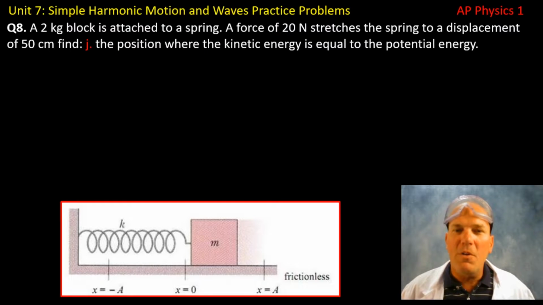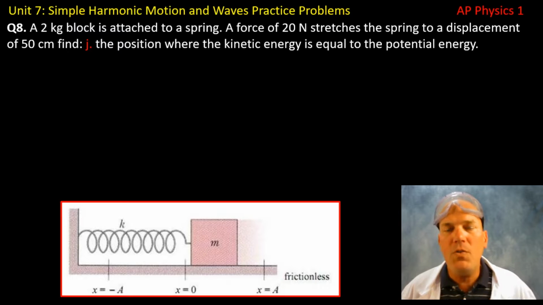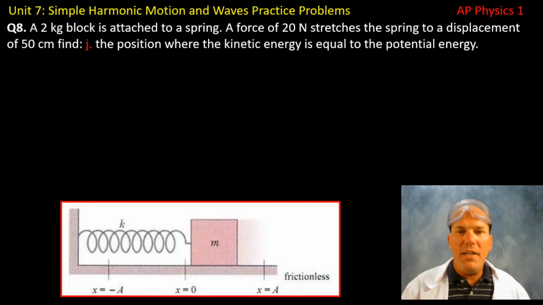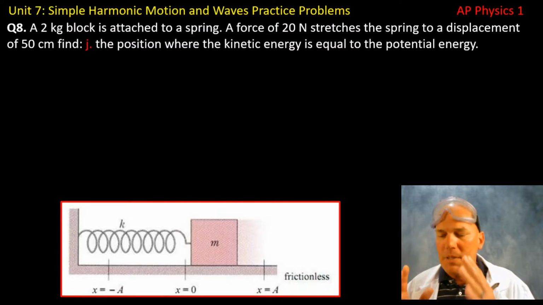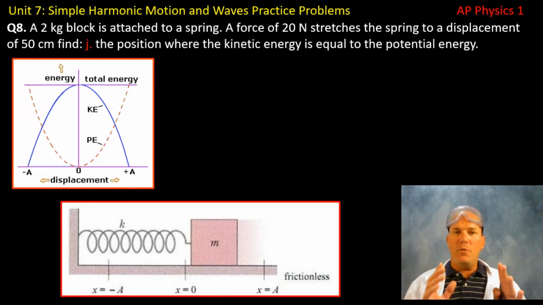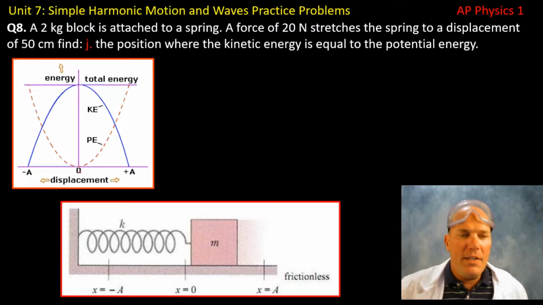The position where the kinetic energy is equal to the potential energy. So we want to look at kinetic energy equal to potential energy. Let's look at this graph. I want you to look at what's going on here.